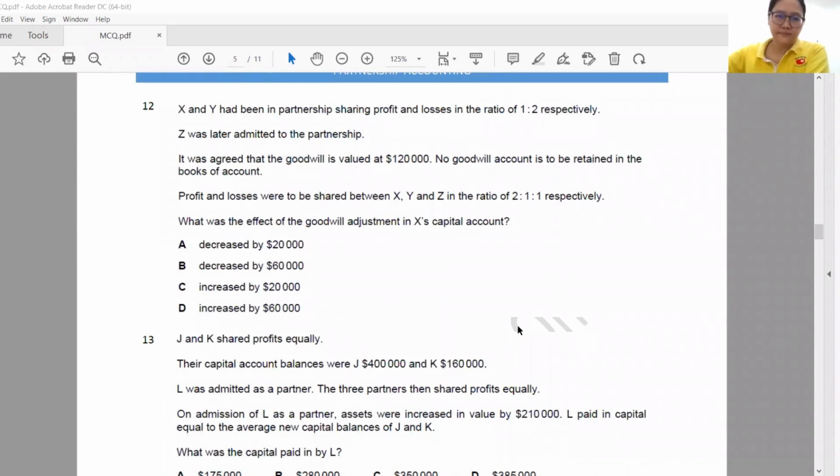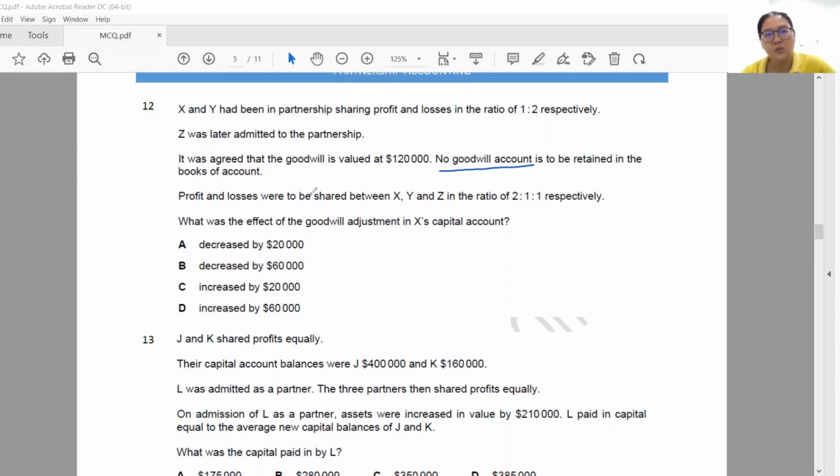Question 12. X and Y have been in partnership sharing profit in the ratio 1:2 respectively. Z was later admitted to the partnership. It was agreed that the goodwill is valued at 120,000, and no goodwill account is to be maintained.